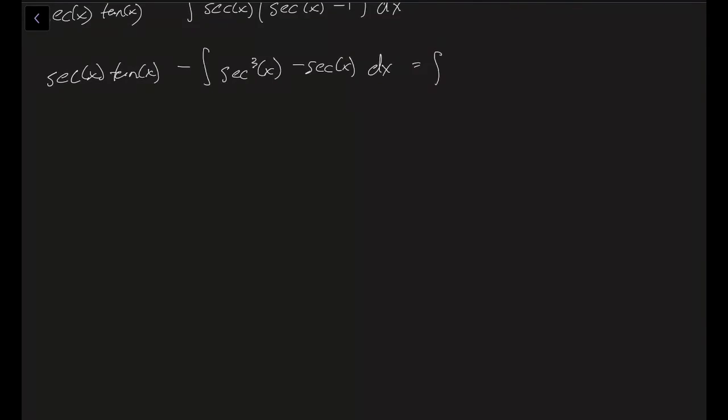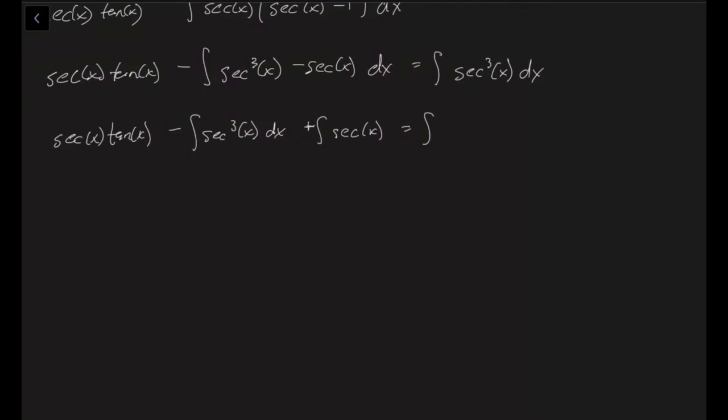And remember that this is equal to the integral of secant cubed of x. So let's go ahead and break up our integral. So we have secant x tangent of x minus the integral of secant cubed, minus the integral, or plus the integral of secant of x. And that's equal to secant cubed.